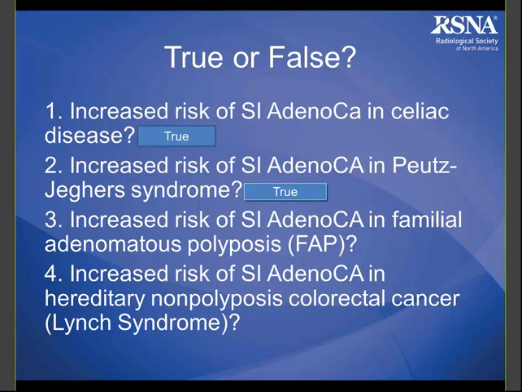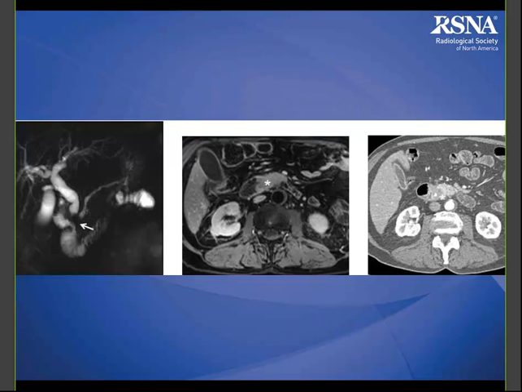Definitely true. Increased risk of small intestinal adeno in familial adenomatous polyposis, FAP syndrome. Hopefully everyone answered true. Increased risk of small intestinal adeno in the Lynch syndrome. And hopefully everyone answered true as well.